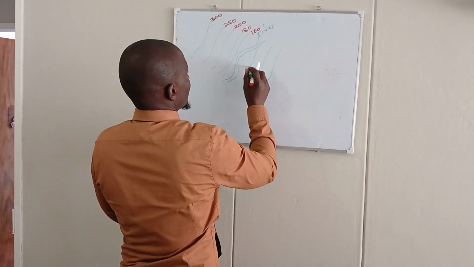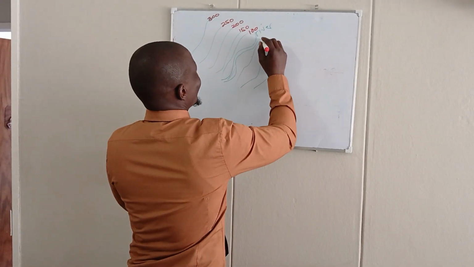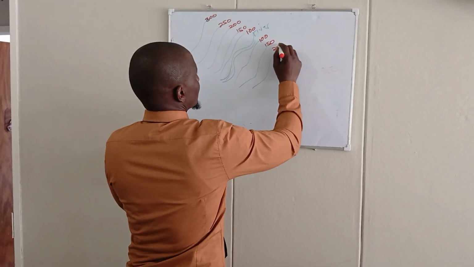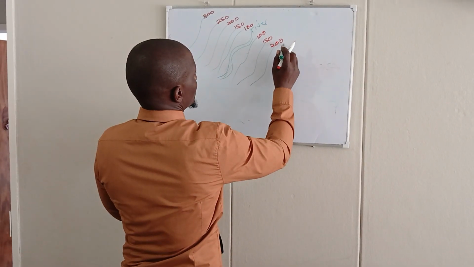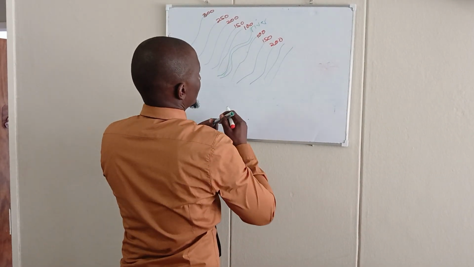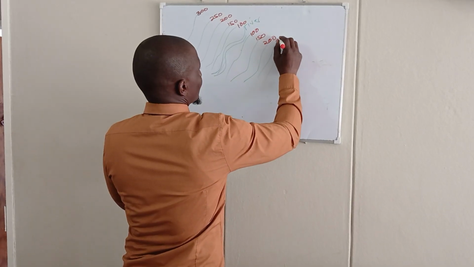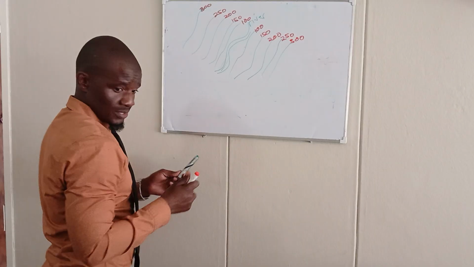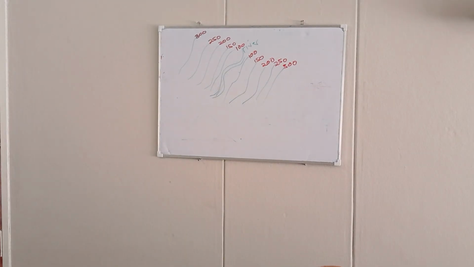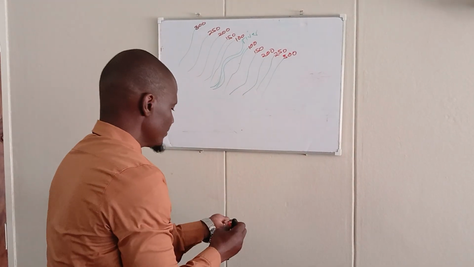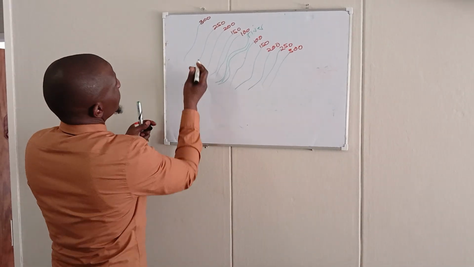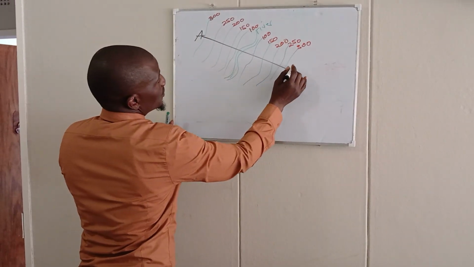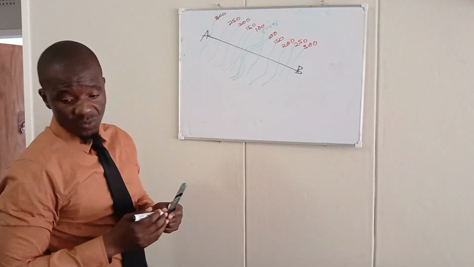I'm going to have 100, 150, 200, 250 and 300. I'm going to indicate from A to B.